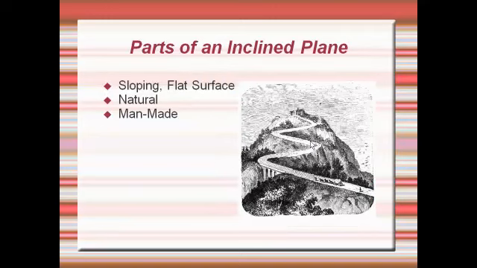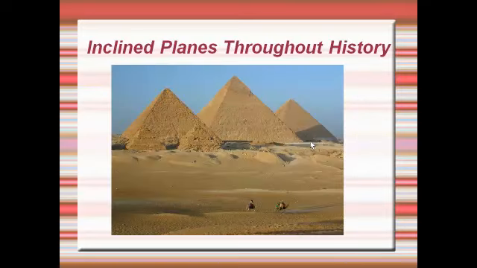The parts of an inclined plane are a sloping flat surface. Some are natural and some are man-made. Inclined planes have been used throughout history. In this example are the pyramids.